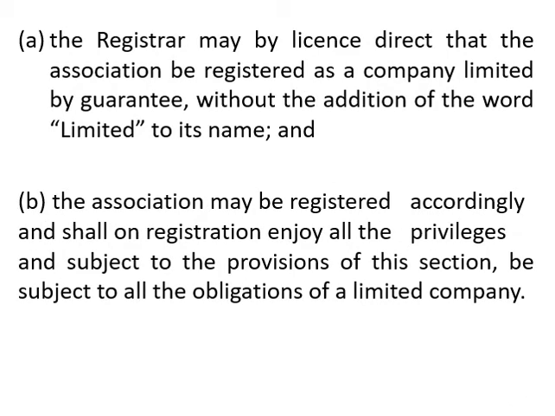Then the registrar may, by license, direct that the association be registered as a company limited by guarantee without the addition of the word limited to its name, and the association may be registered accordingly and shall on registration enjoy all the privileges and, subject to the provisions of this section, be subject to all obligations of a limited company.